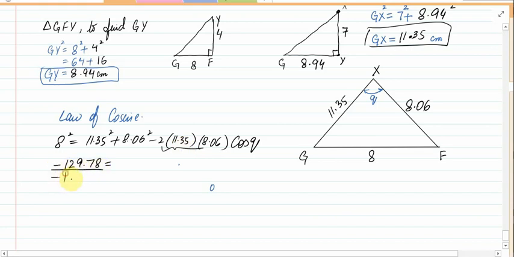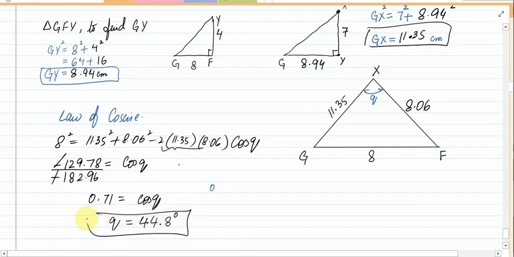So it's negative 182.96 cos Q. Negatives cancel each other. So 129.78 divided by 182.96, that is 0.71, is equal to cos Q. And now the inverse of cos. So the final answer is angle Q is 44.8 degrees. That is your final answer of angle Q.